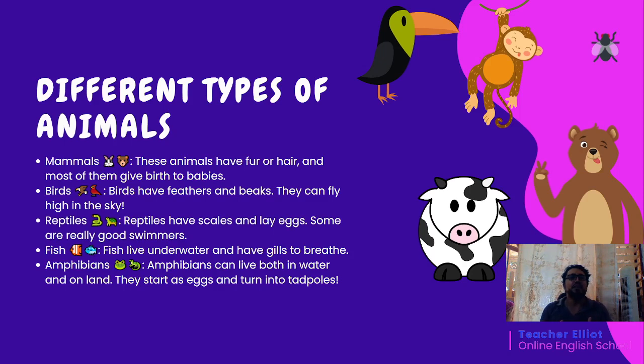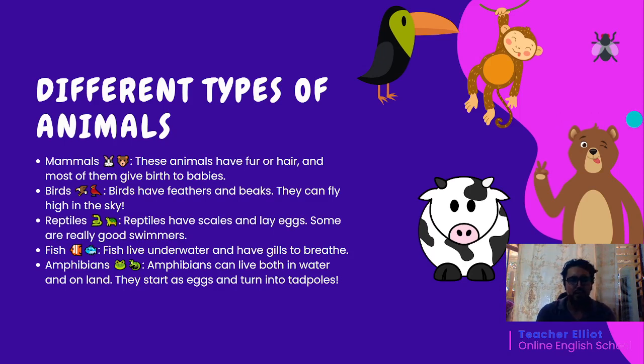They are good swimmers because they live in the water. Also, the amphibians have the characteristic that they can live underwater, they can stay in the water, or they can live on land. So they have a mix, a combination of those properties.